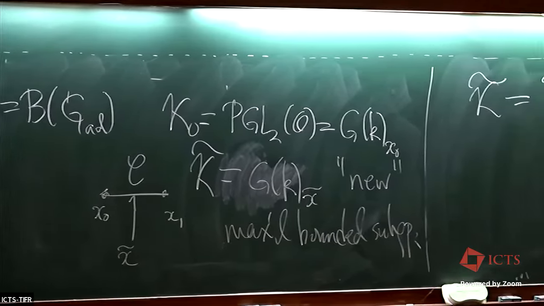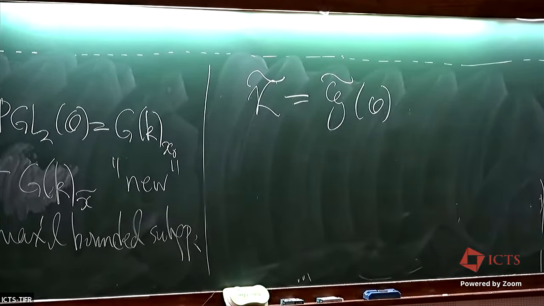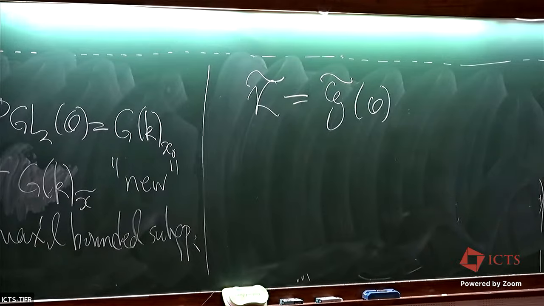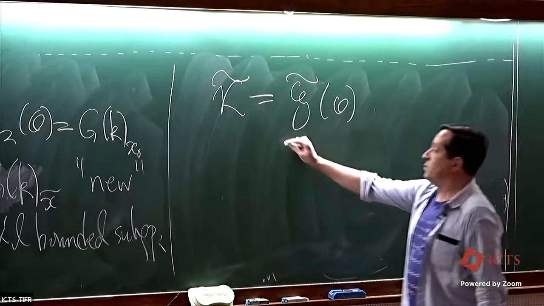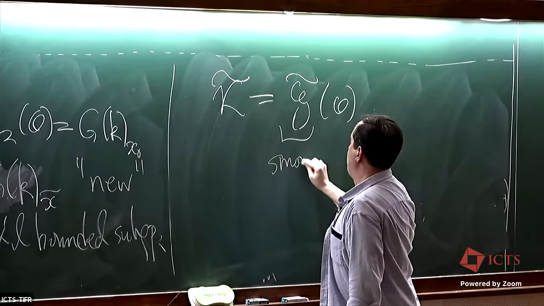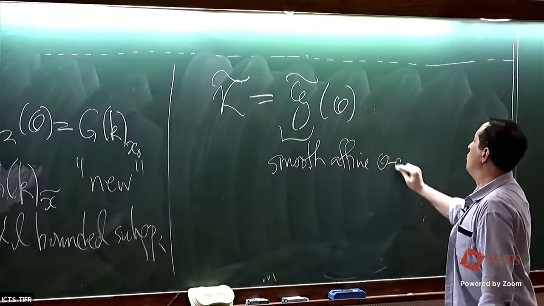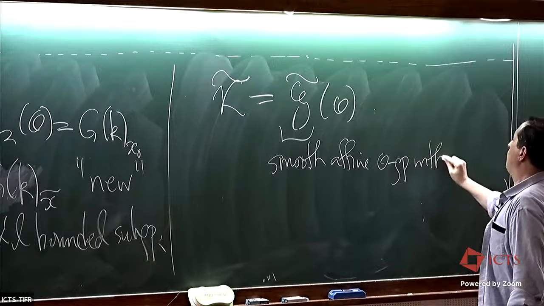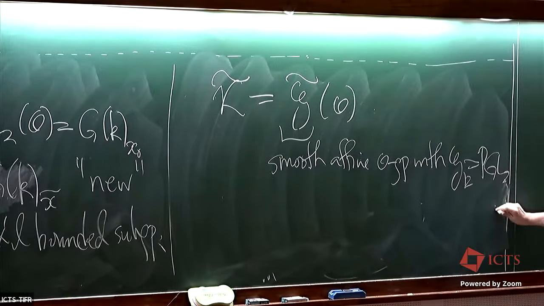So it is the group of integral points of some smooth model, at least as I was suggesting before this should happen. We'll discuss this more broadly in a little bit. So this does turn out to also be the integral points of some smooth affine O group scheme with generic fiber PGL2.